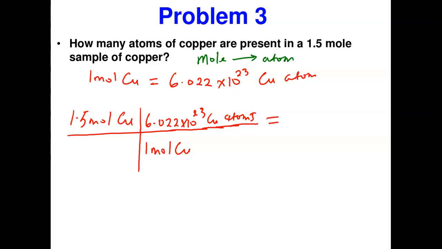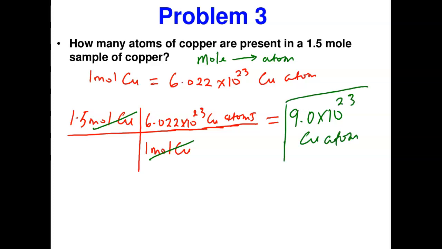There again, I'm going to cancel. 1 mole of copper cancels moles of copper. And the answer we're going to get here, when you punch it correctly, will give you 9.0 times 10 to the 23 copper atoms. And this becomes your answer at this point.